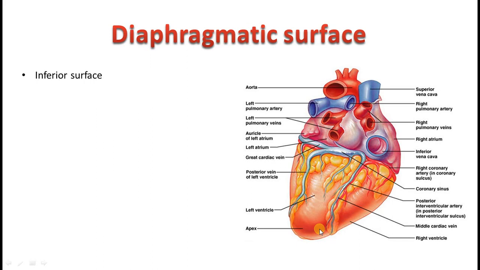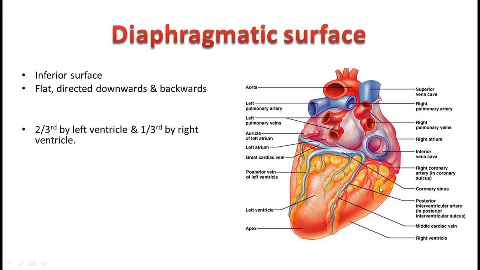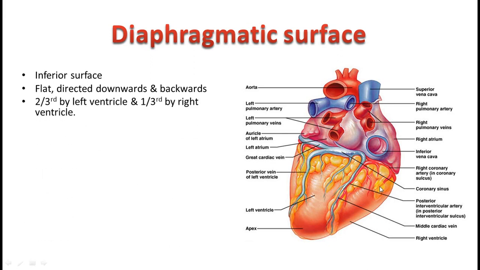The diaphragmatic surface is actually the inferior surface, directed backwards and downwards, and it is mainly formed only by the ventricles, 2/3 by the left ventricle and 1/3 by the right ventricle.